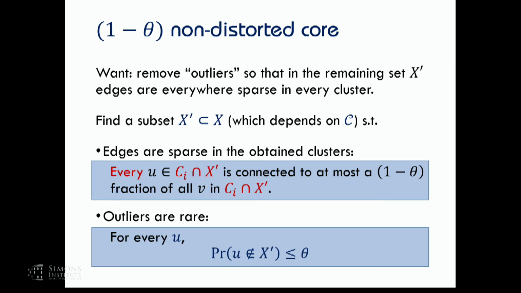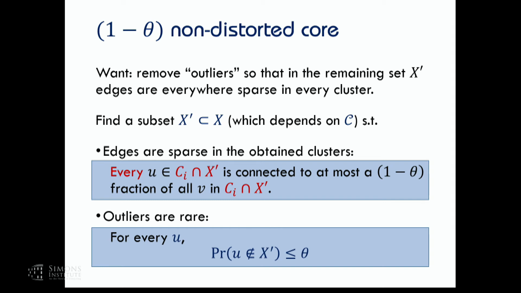Formally, we want to remove the outliers and obtain a subset X prime, which we call the non-distorted core, so that the following two properties hold. First of all, edges are sparse in the obtained clusters. So basically, the special property that we talked about holds for the remaining clusters.